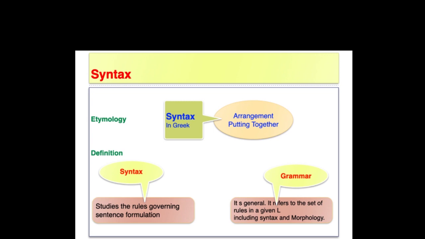So grammar deals with the general rules, not only the rules that govern the way sentences are formulated, which is the concern of syntax, if you can say.